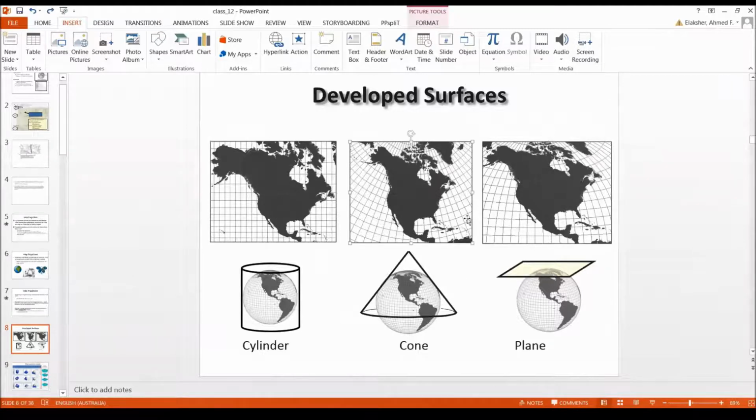Now, if you look at the three of them here, you see that in the eastern direction, the distances between the longitudes are the same. This is equal going this way, and this is equal this way, and this is equal this way.